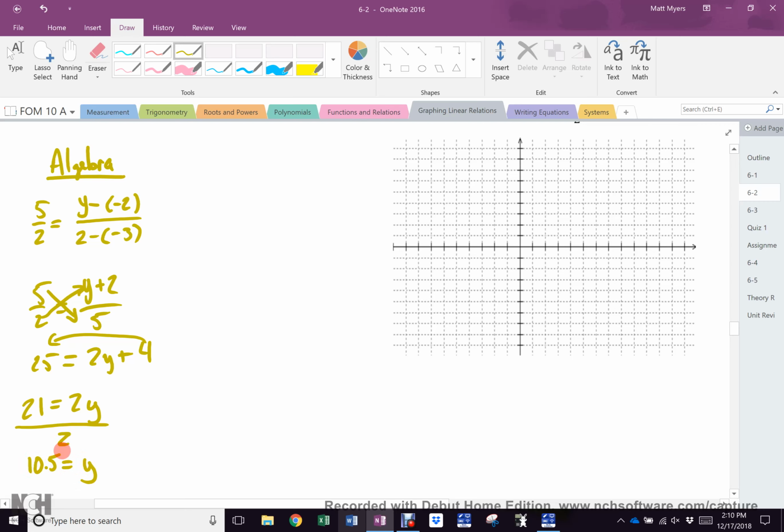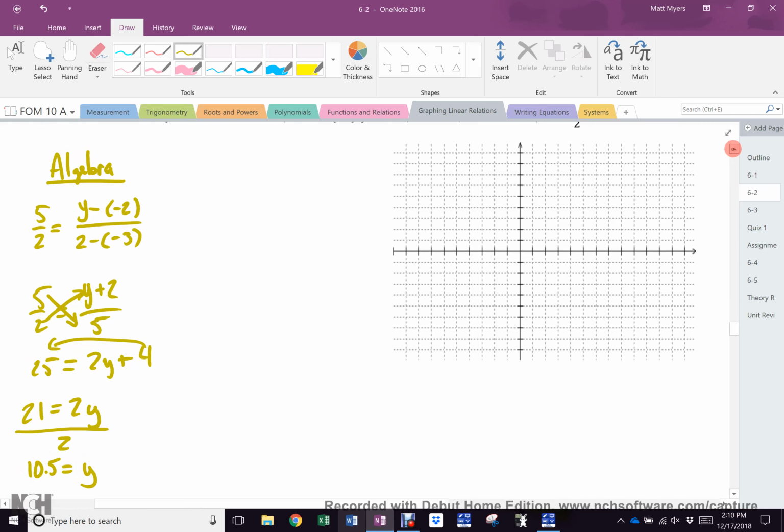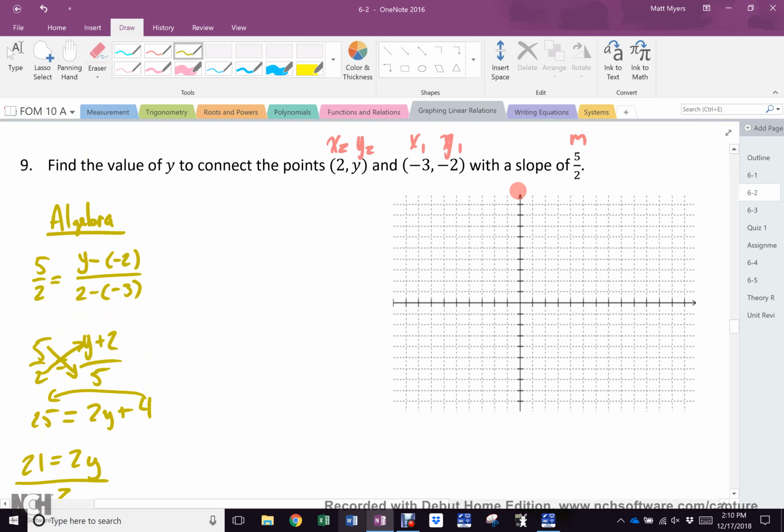Now, that will be difficult to solve graphically, won't it? For 2 reasons. 1, do I even go up to 10.5? I can't even do it graphically, can I? Because it will go off the graph. Now, if I wanted to do it graphically, I would go to -3, 1, 2, 3, -2, right?